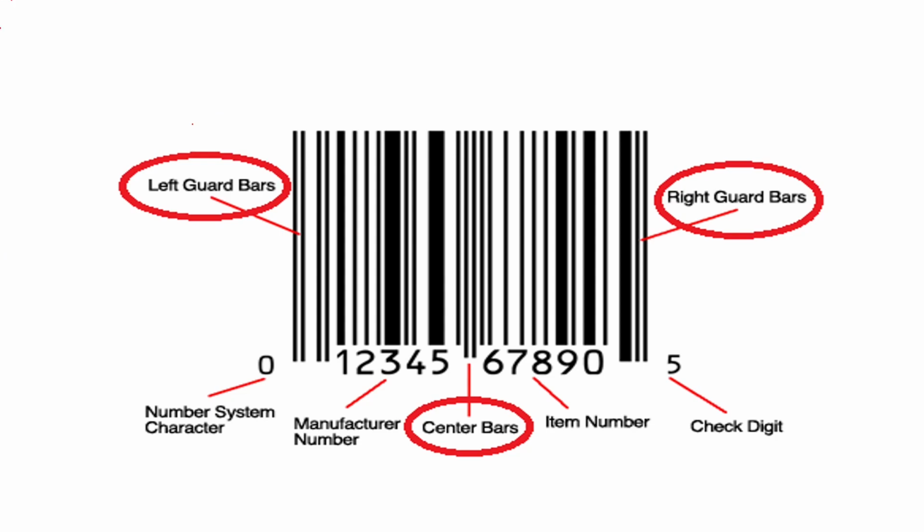Then second, third, fourth, fifth will be your manufacturer number. Center will be center bars, and then this will be your item number, and this will be your check digit. And the first one will be your number system character. This is how the division of numbers is made.